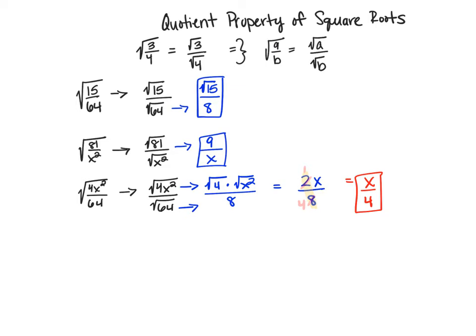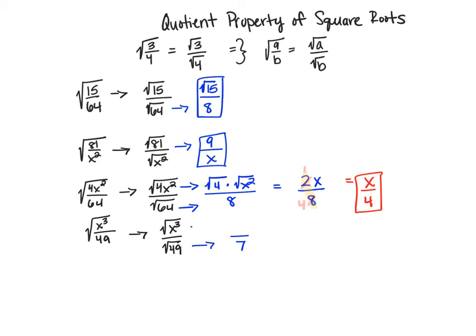Okay, last one, we'll do the square root of x cubed over 49. This can be rewritten as the square root of x cubed over the square root of 49. So the square root of 49, that one's pretty easy. That one's 7.